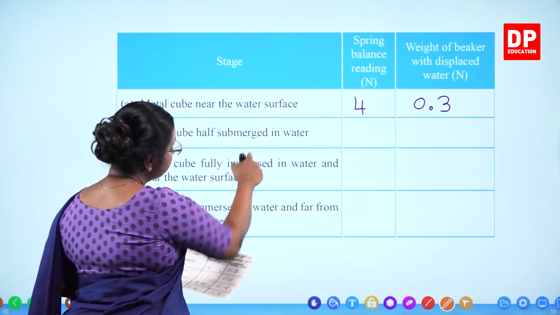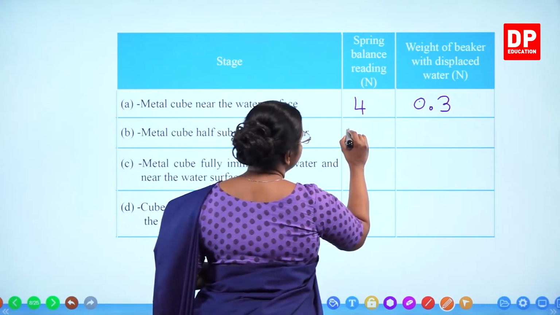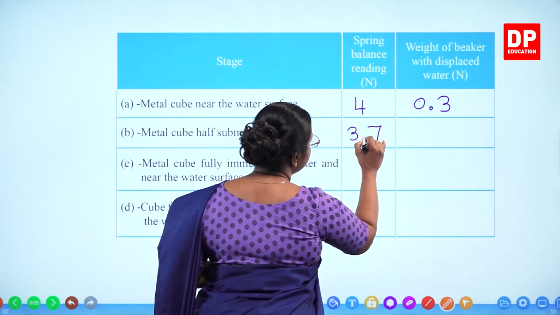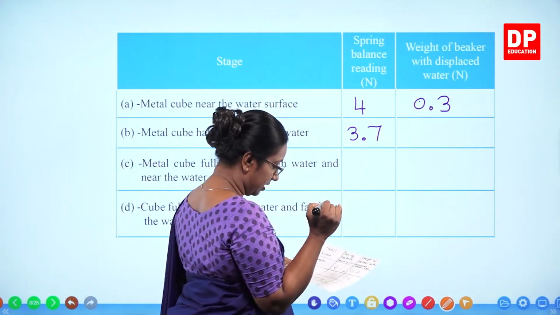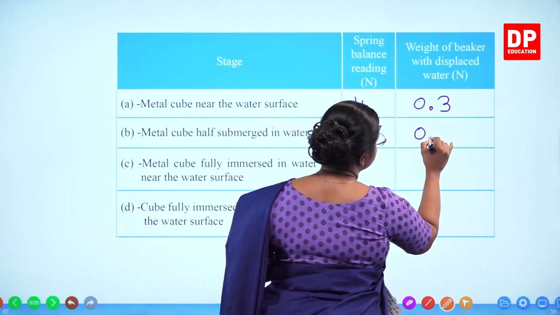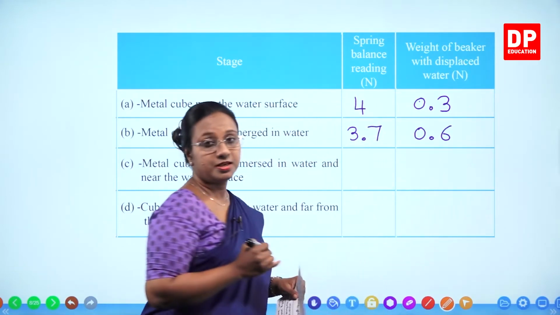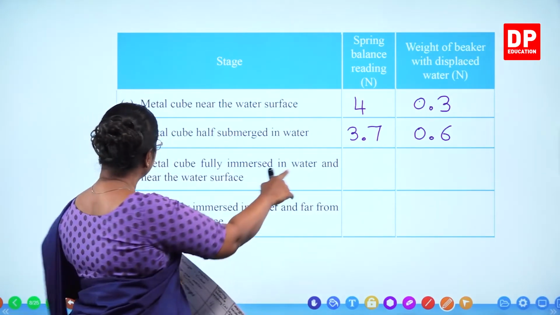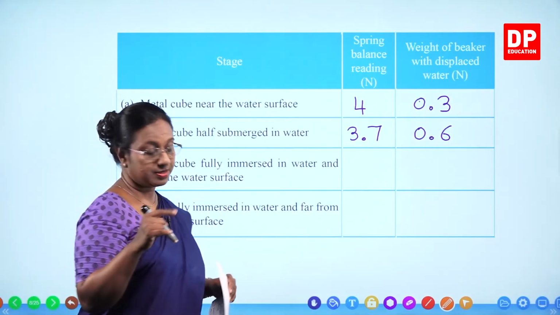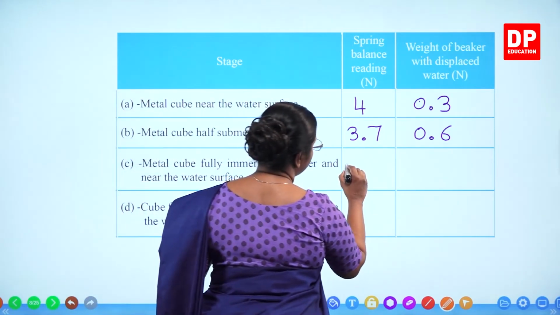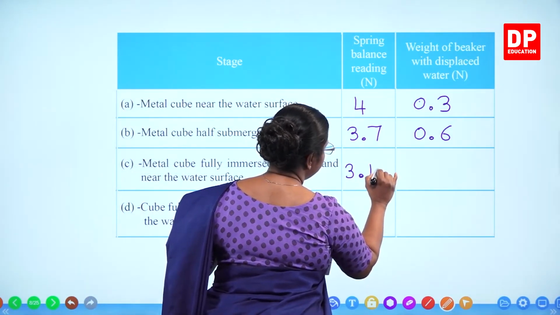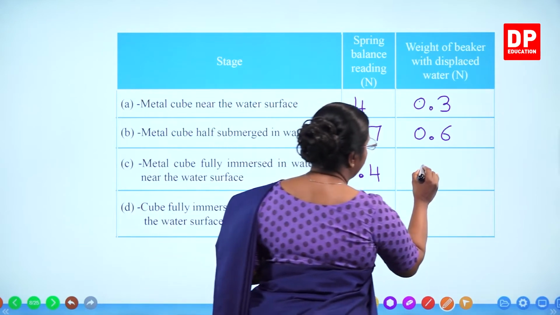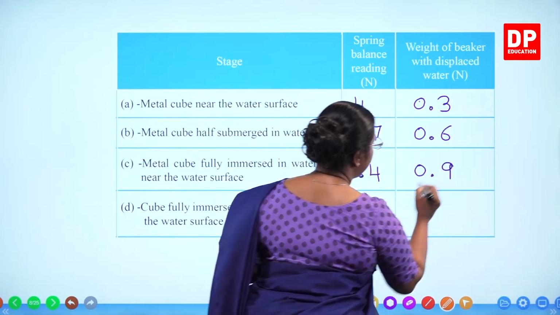Thereafter, when it was half submerged, this became 3.7 Newton and this became 0.6 Newtons. When it was fully immersed in water and near the water surface, you again saw the readings becoming 3.4 Newton and 0.9 Newton.